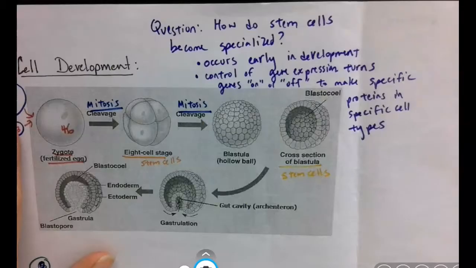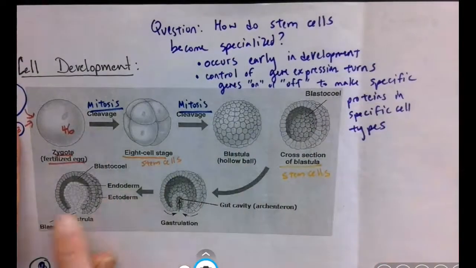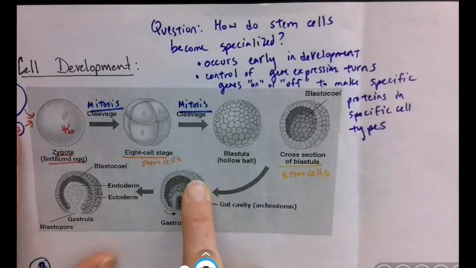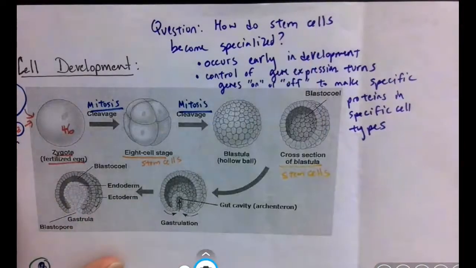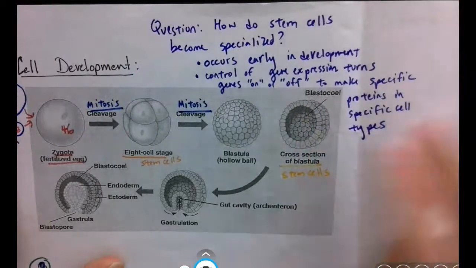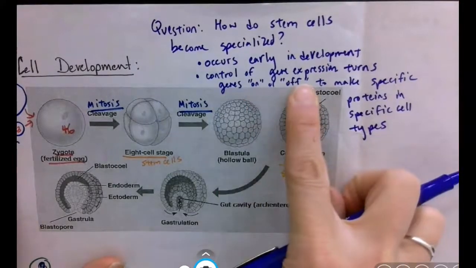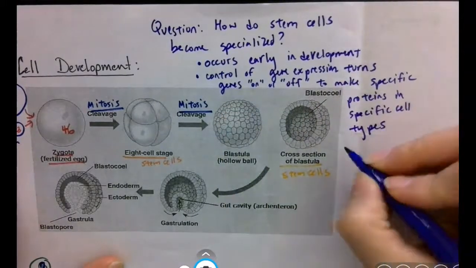So now the question is, how does this zygote that's dividing and causing this organism to grow ultimately become a specialized organism? So how do stem cells become specialized? This occurs early in development, and it occurs through control of gene expression. We turn genes on or off to make specific proteins in specific cell types.